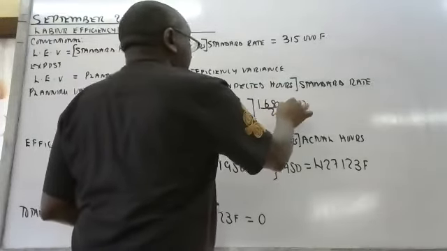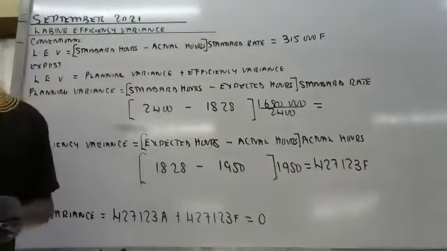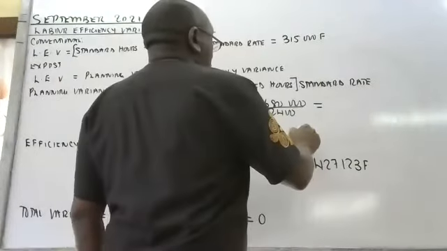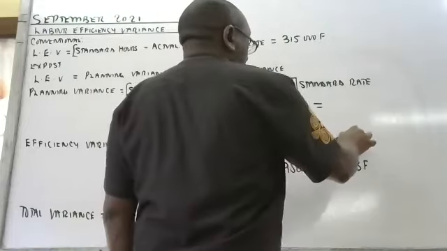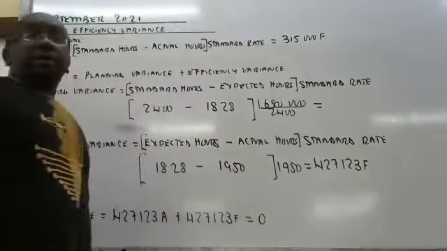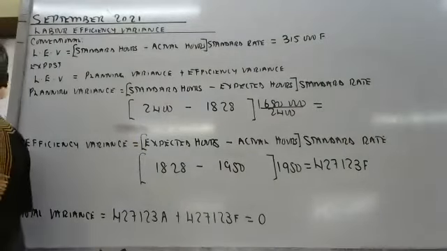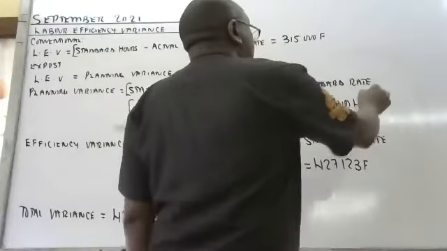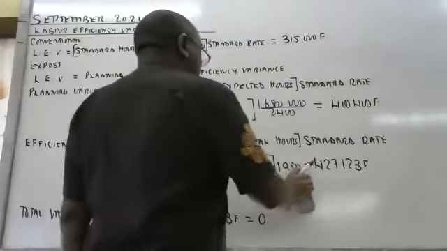Divide by 2400. It comes to 7. 400, favorable. Favorable.